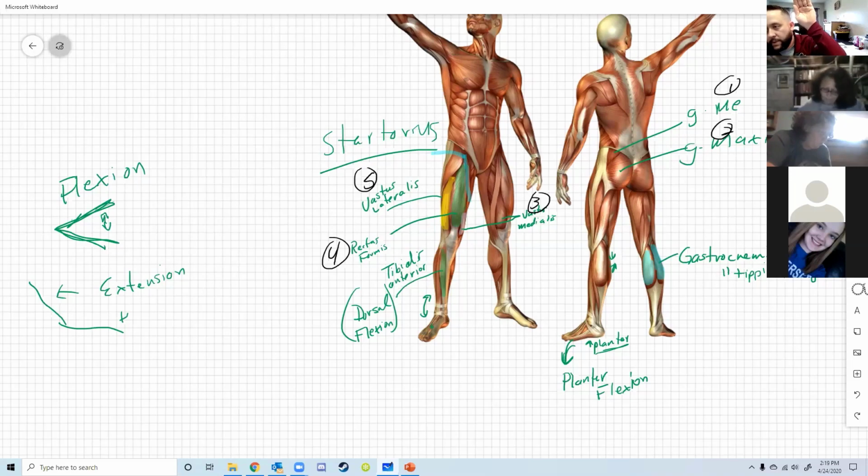Remember what bone is on this side? The radius? If I'm taking that angle and making it smaller like this, when I do my wrist, that's radial flexion. The opposite is ulnar flexion.